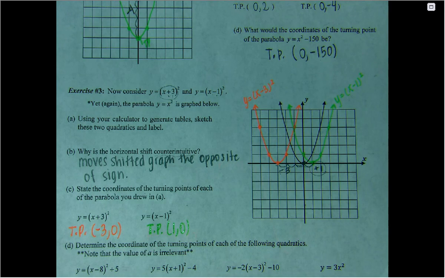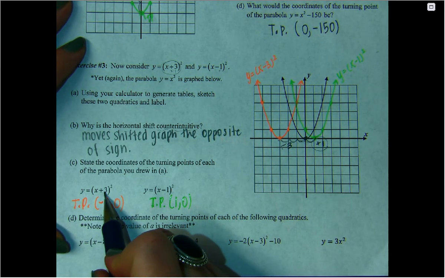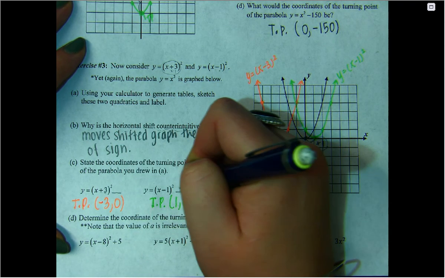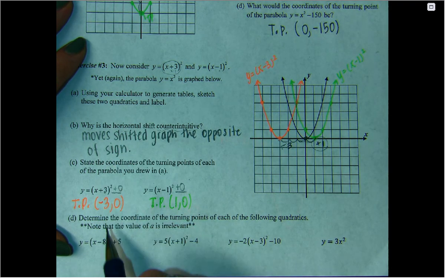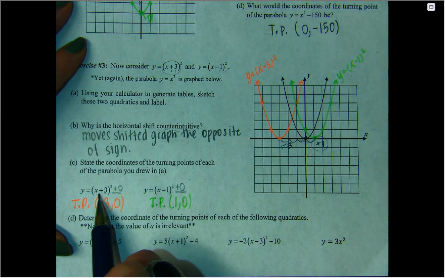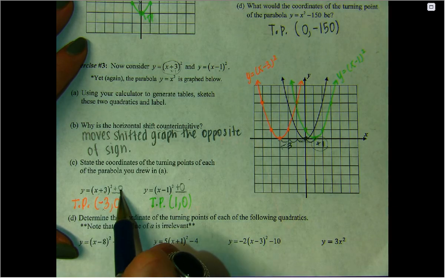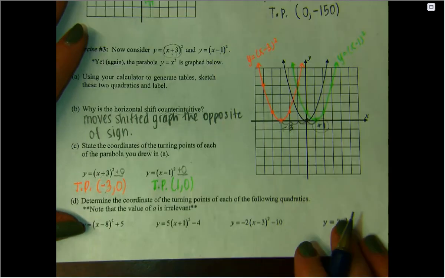And why is that? We already talked about this. Opposite x, same y. There is no y value here. There's no shift upwards or downwards. It's only left or right, and that's what happens on the inside of that squared function. So opposite sign for x, so the opposite of +3 is -3, and 0 for y. Opposite x, so negative turns into a positive, same y.